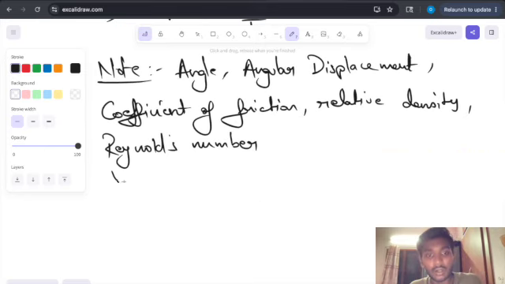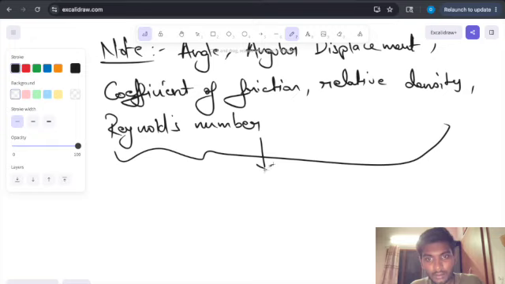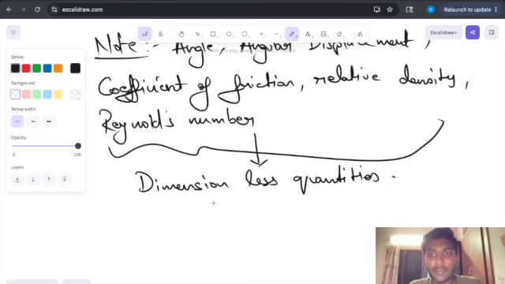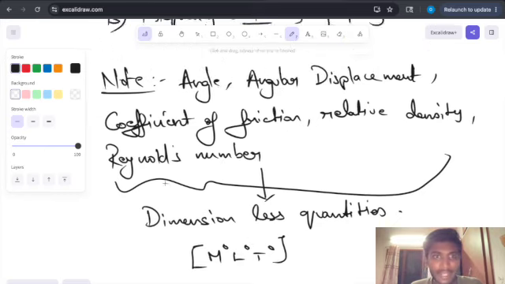These are all dimensionless quantities. They don't have any dimension. Which means, in case they ask you what is the dimension of the coefficient of friction, you must write it as M0 L0 T0. Anything raised to the power 0 is 1. So all these quantities don't have any dimension.